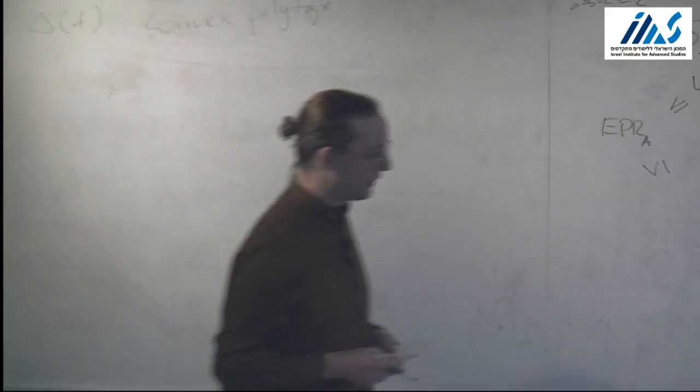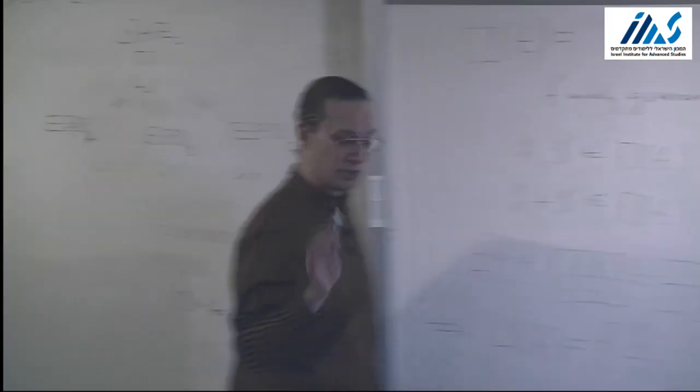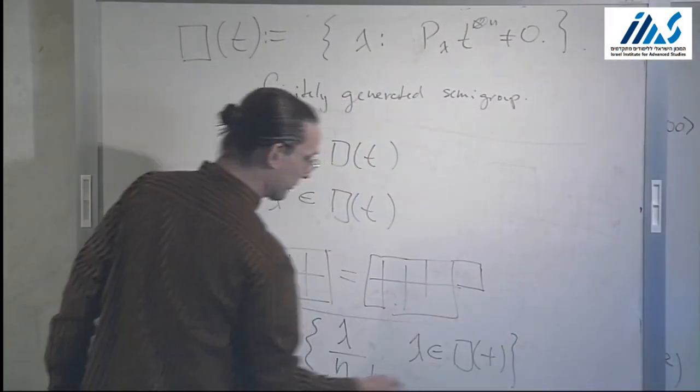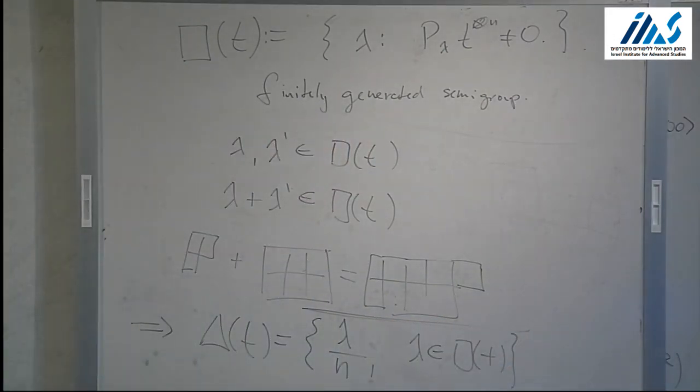Now you notice that these things here are all rational numbers. So in order to make some complications go away, we're going to take the closure. But it's not so important. You can think of it as a rational polytope if you prefer. So it's a convex polytope.